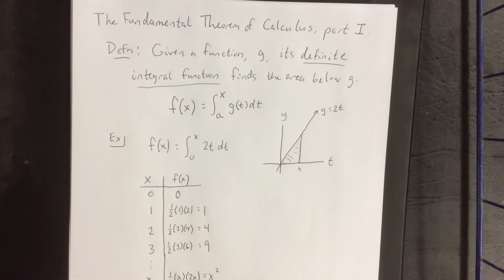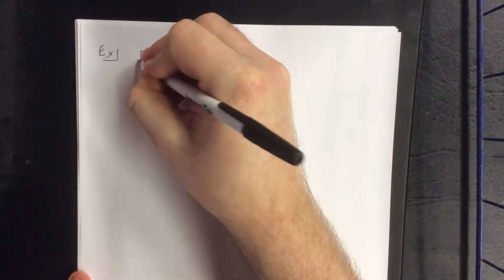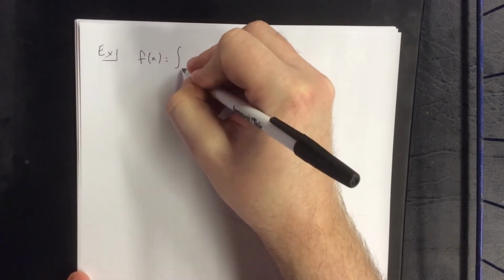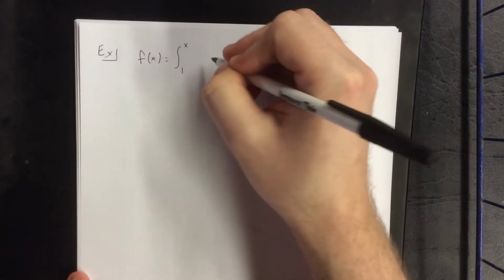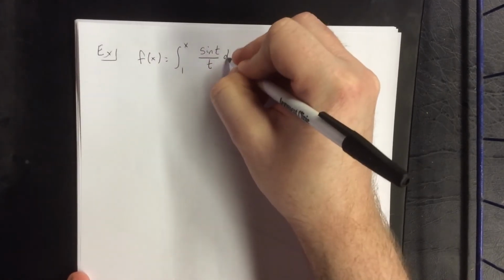So for some elementary examples of the fundamental theorem of calculus, let's consider the following. Let's say that f of x is equal to the definite integral from 1 to x of the sine of t divided by t dt.